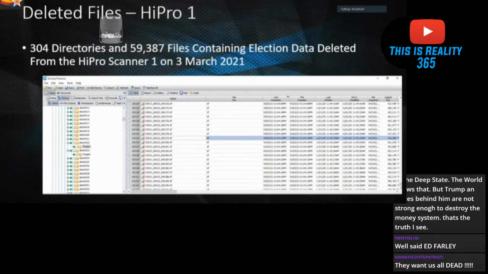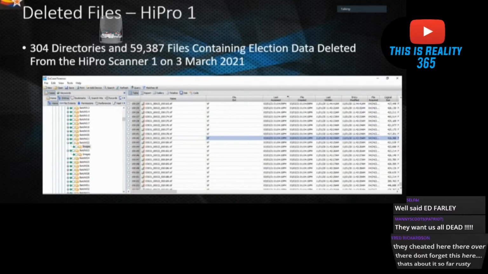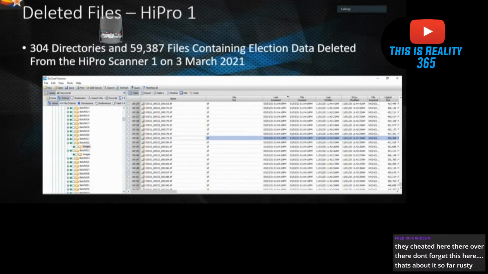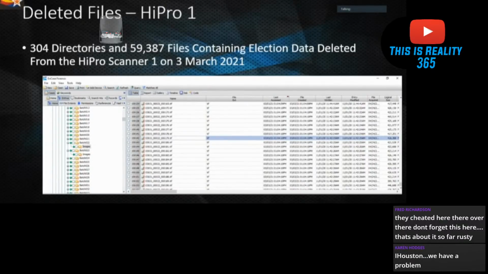On the HiPro 1, there were 304 directories containing 59,387 files of election data that were deleted from the HiPro Scanner 1 on 3 March 2021.